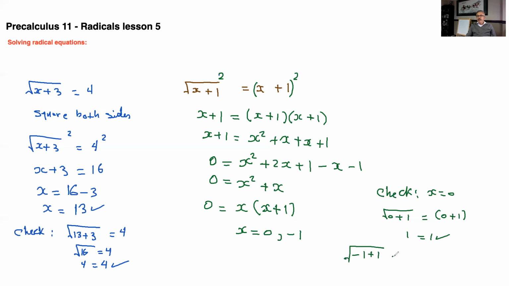Again, I'm working from the root x plus 1 equals x plus 1. That's what I'm doing, my checking. And I'm subbing in -1 for x. And therefore, I get 0 here, square root of 0 is 0 equals 0. So both answers work. Okay, we'll go to the next example.